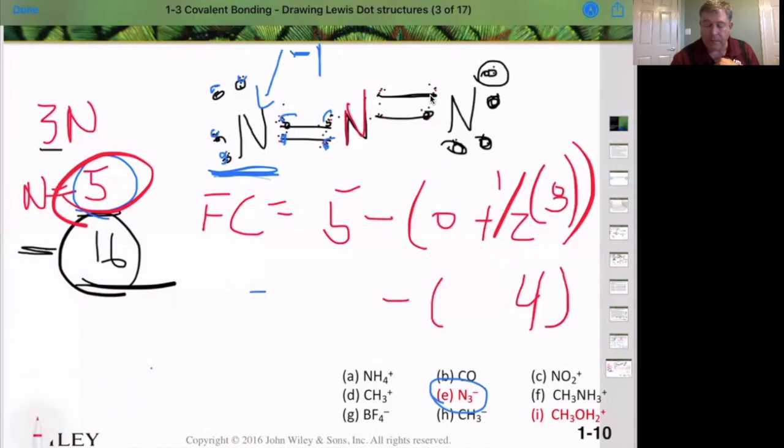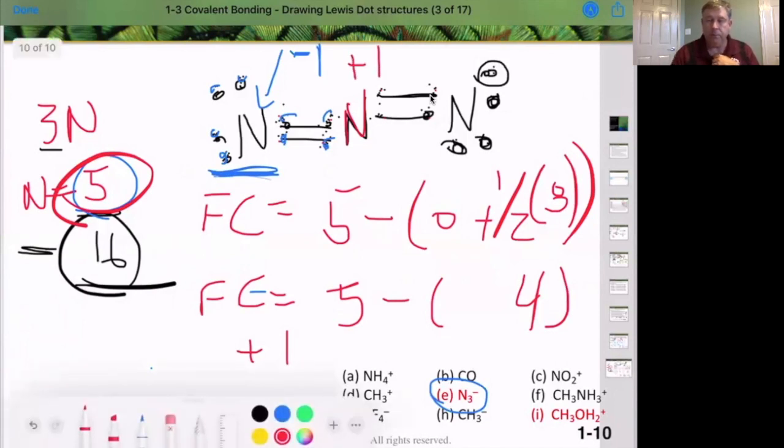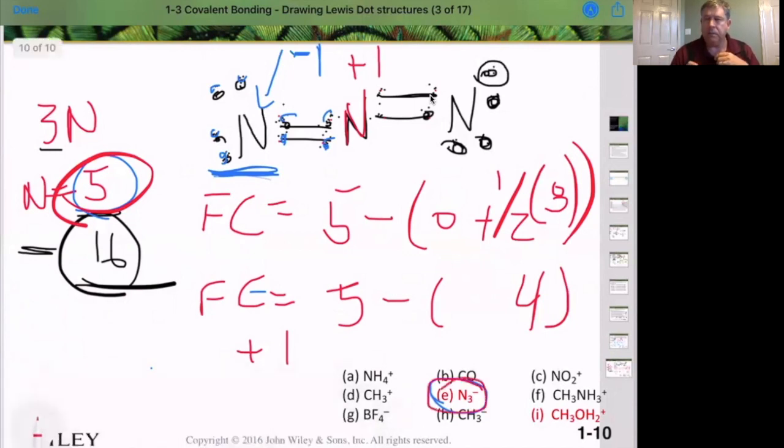So 4 minus 5 gives us a formal charge of +1. Ooh, the formal charge on this nitrogen is +1. Okay, +1 -1, so the net result here is a -1.